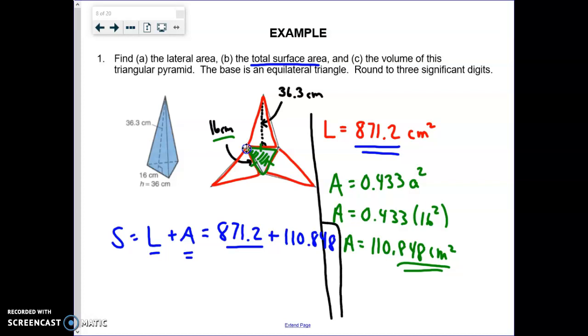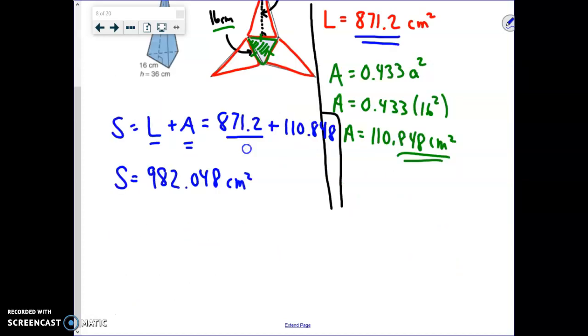So if you add those together, ladies and gentlemen, your total surface area is equal to 982.48 square centimeters. Again, it's a surface area. Now, it said to go to 3 significant digits.